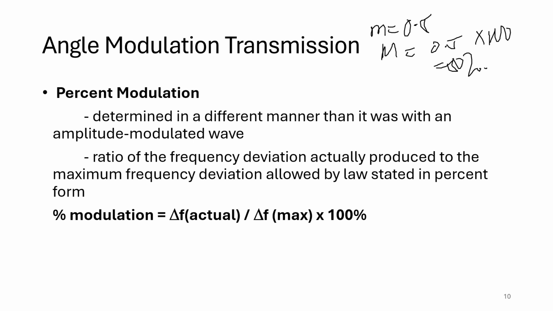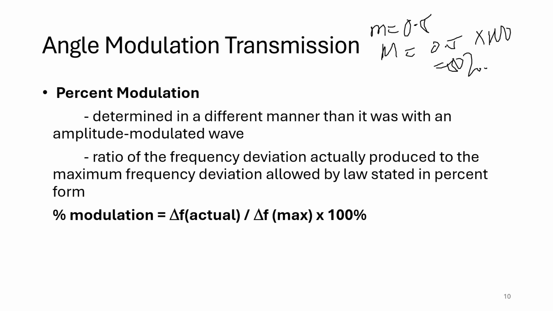In FM class, this is quite different. When we say percent modulation in FM, we do not simply multiply our modulation index by 100%. We have a different way of getting the percent modulation for FM. So how do we get it?